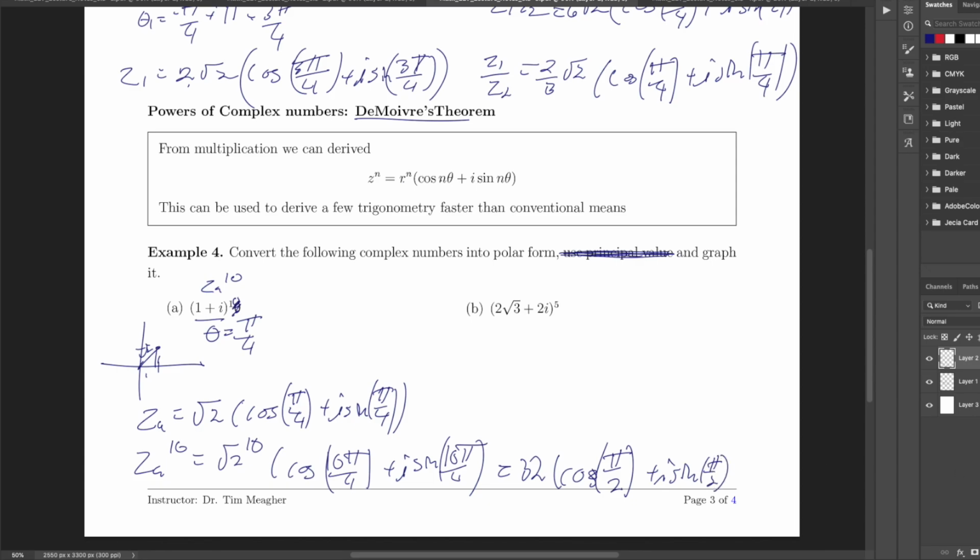And so once we do all this, can we simplify this? Yeah, this is 0, this is 1, so this is just equal to 32i. Doing this 10 times would take forever, but here when we use our theorem, we get 32i. Let's double check that in the calculator. You can easily type this in, and I might as well show you how to do it in Wolfram Alpha.